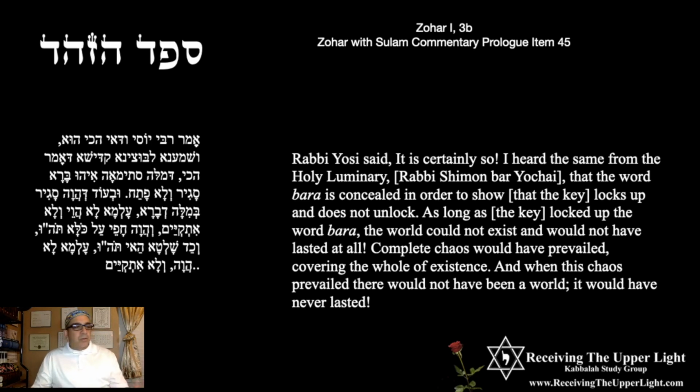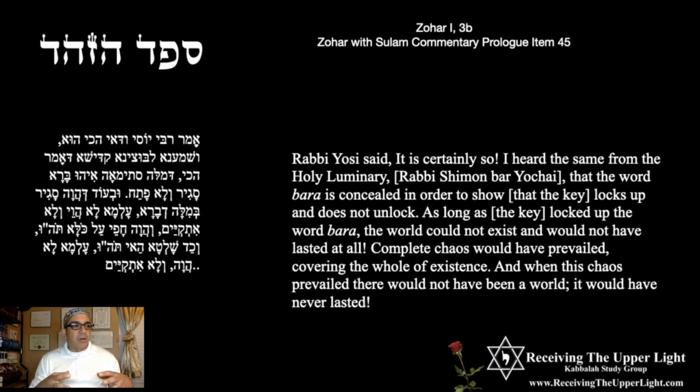Just to start quickly, in the previous lesson we were studying the section called the lock and the key, and one thing that we need to remember is that we were talking about a part in the world of Atzilut in which Malchut is elevated to the level of Aba, Ima, Bina, and there's a yesod that works instead of Malchut.